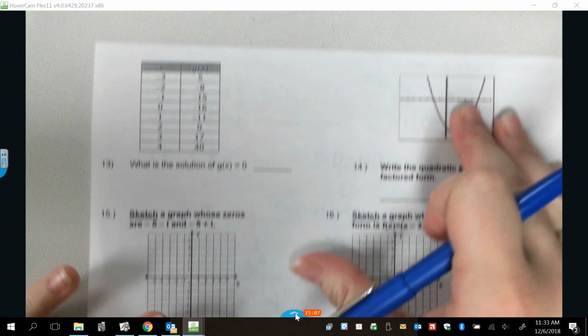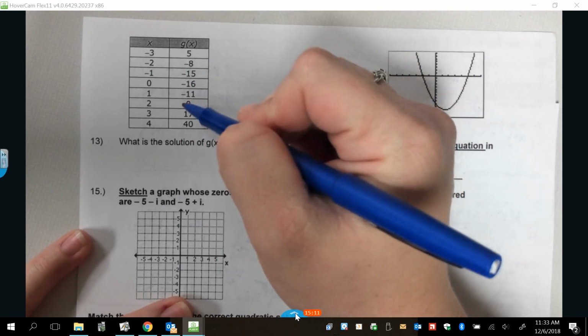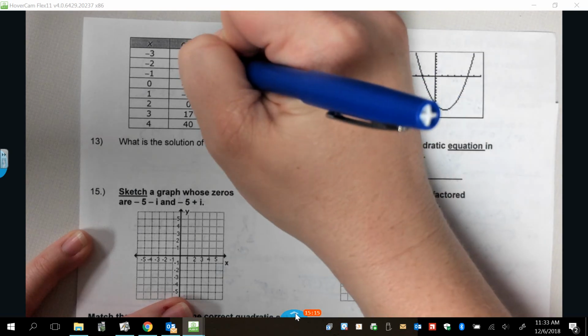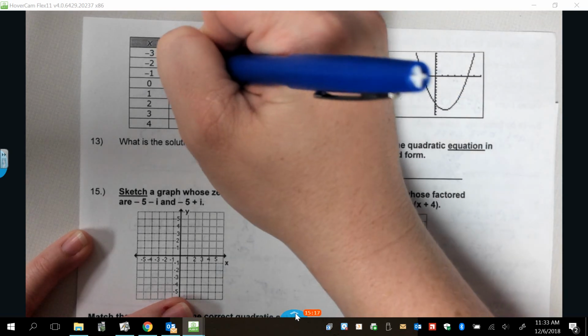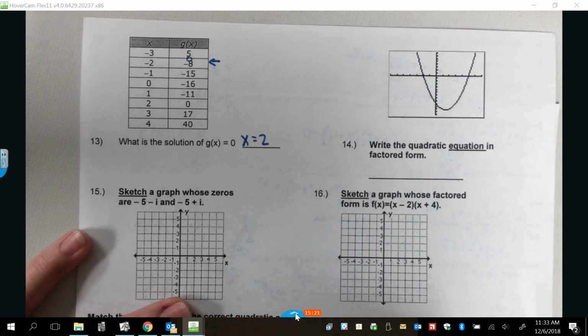On to the back. Here it says, what is the solution when y is 0? Well, y is 0 right here, so we only see x equals 2. I want you to realize there will be another one, because something's going to touch 0, but the only one we see is 2.